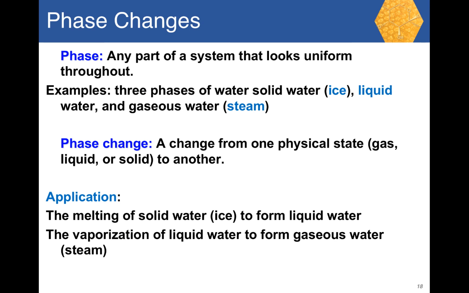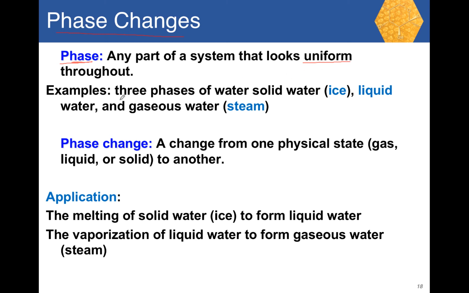Okay, let us apply some of this knowledge here. We're looking at phase changes. So we're going to change phases from a liquid to a solid and from a liquid to a gas. You may remember the definition of a phase is any part of matter that's uniform throughout, homogeneous.